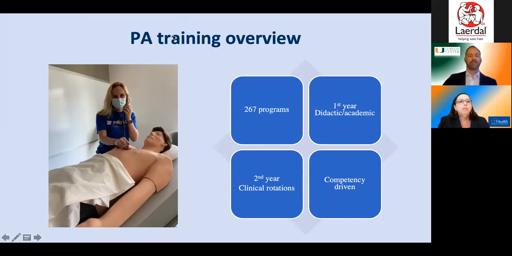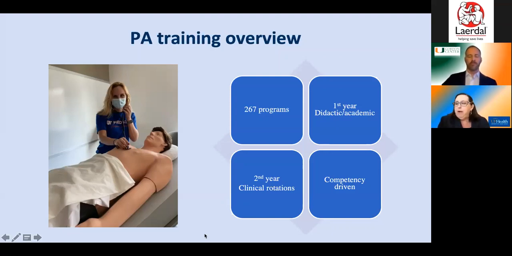The first phase, or approximately the first year, is a didactic phase or academic classroom phase. During the COVID pandemic, many of our PA training programs are using a hybrid approach, which certainly supports active learning, as Ross mentioned. And the second year is comprised of clinical rotations.